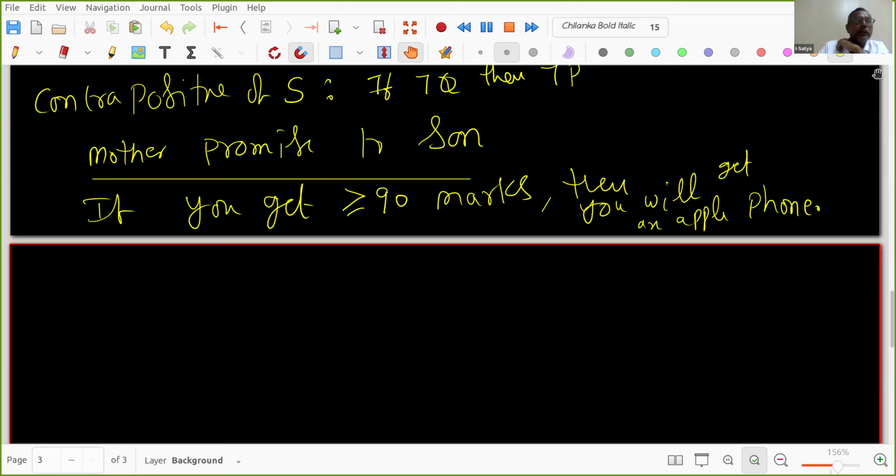Has the mother not fulfilled her promise? No, sir, she kept her promise. She has not violated her promise, right? If the person got only 70 marks and she did not give the Apple phone, then she has not violated her promise, correct?